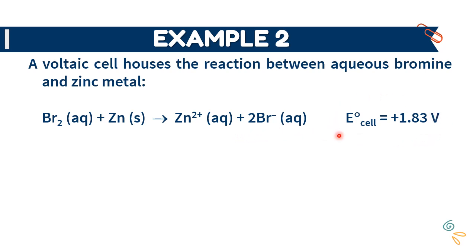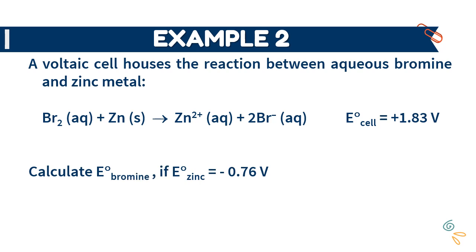Given to you is the E naught cell, meaning the overall standard cell potential, which is positive 1.83 volt. The question: calculate E naught bromine if E naught zinc is negative 0.76.